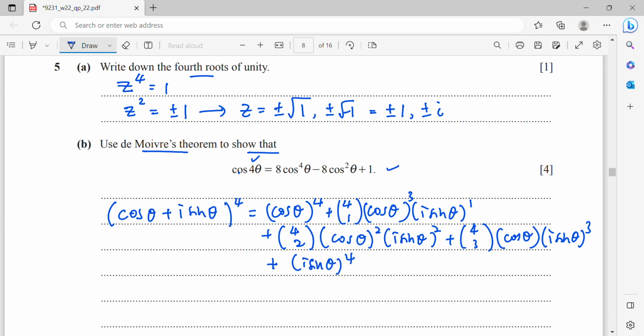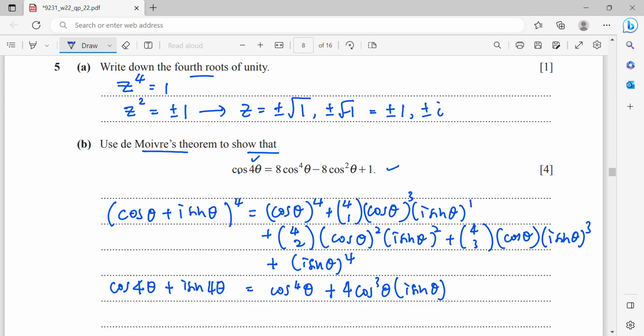Okay, so from here, now left-hand side, according to de Moivre's theorem, you will bring down the 4. So it will be the multiple of the theta. Now for the right-hand side, you need to simplify. So first term, cos^4 theta. Then 4C1 is 4 cos^3 theta times i sin theta.